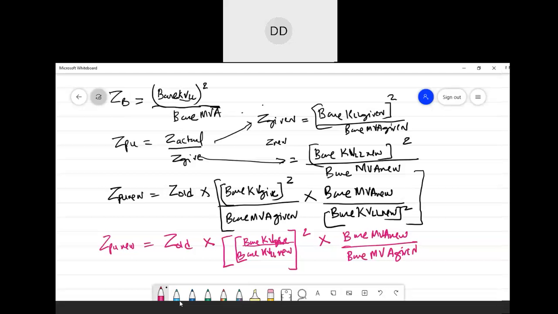It can be either MVA or KVA, so it depends what type of power system you are using. So this is the most important formula over here.